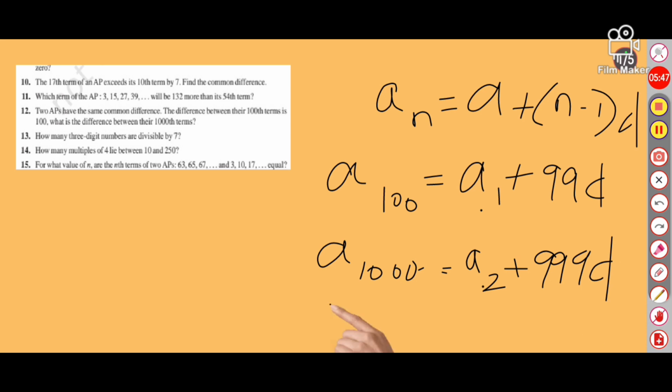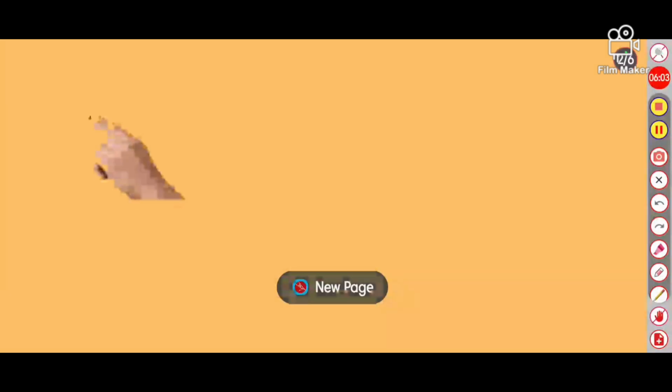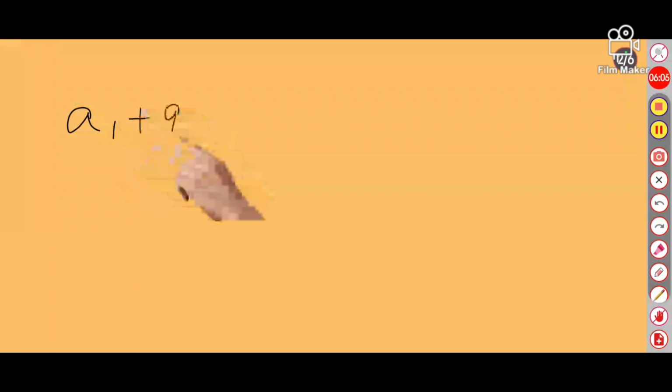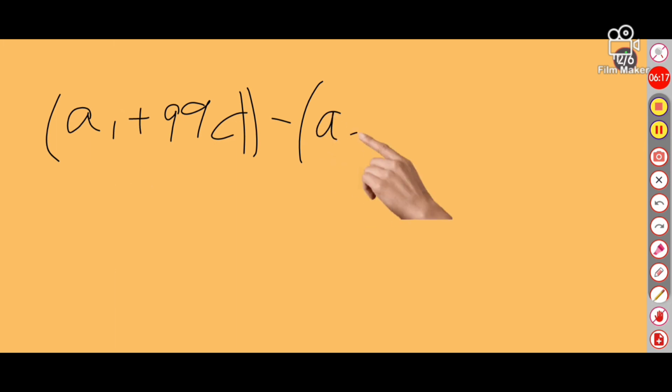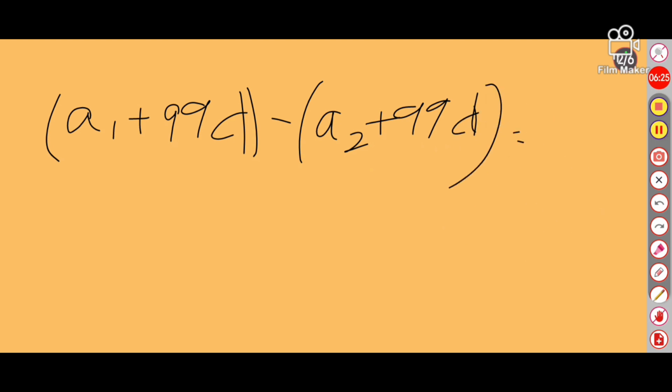The difference between their 100th term is 100. So we can write a1 plus 99d, this one is a100, minus a2 plus 99d, is equal to 100.